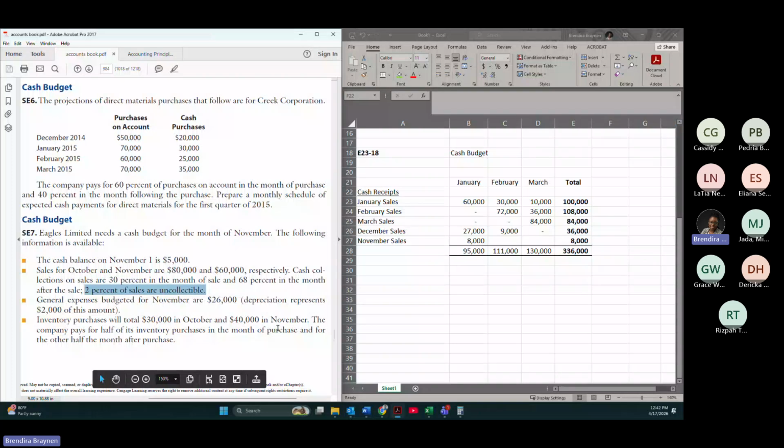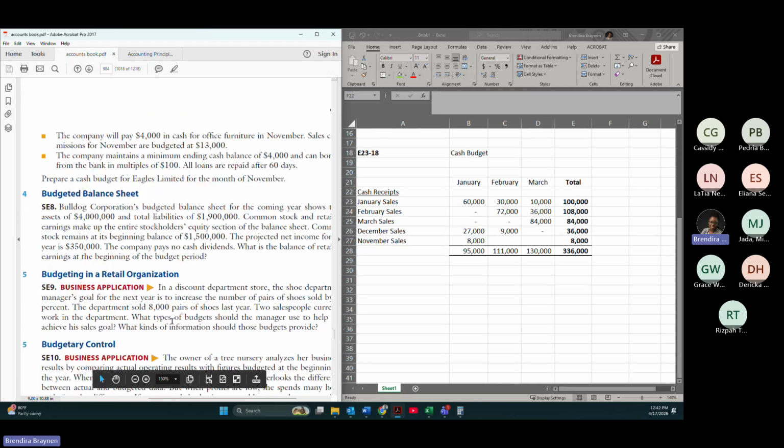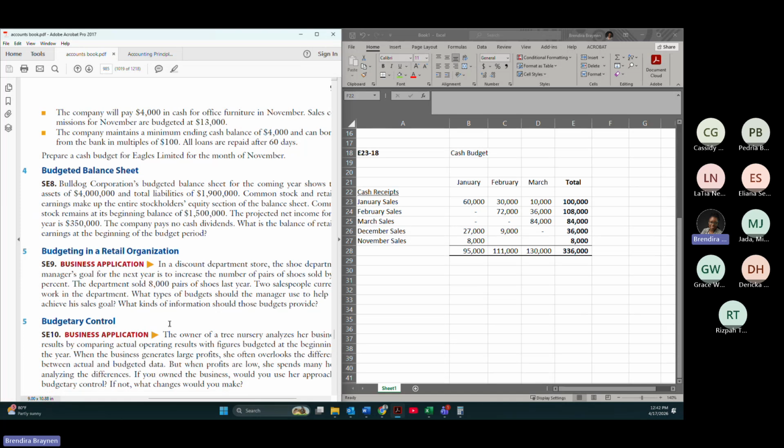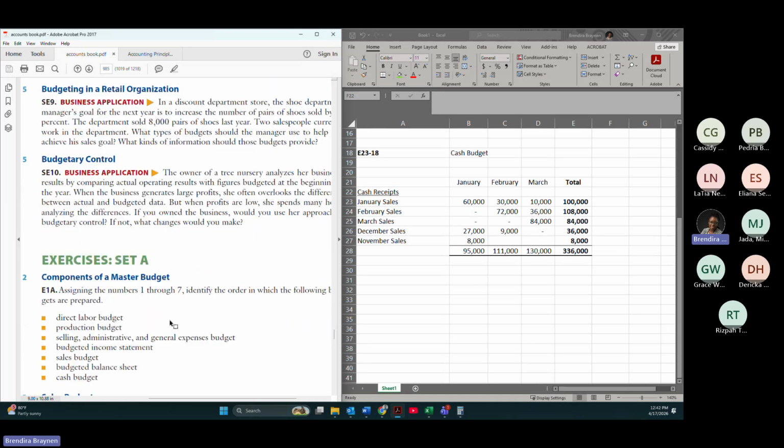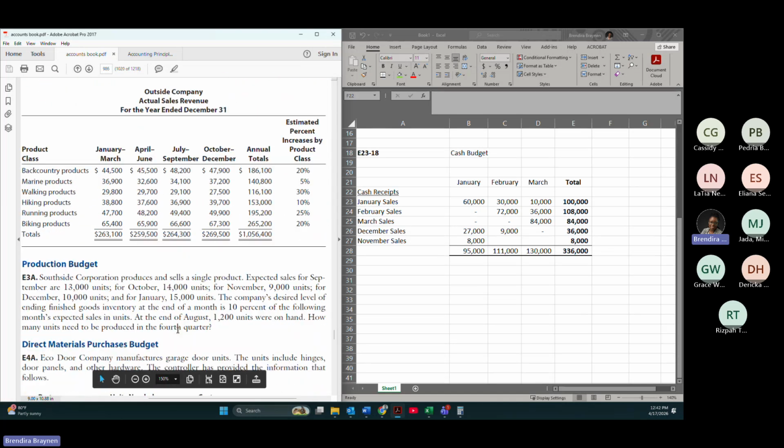So when we're calculating our receipts, we don't need to include the 2% because it's not being collected. The whole purpose of this part is to document how much cash we think we're going to receive. And if something is uncollectible, that means we're not expecting to receive it.